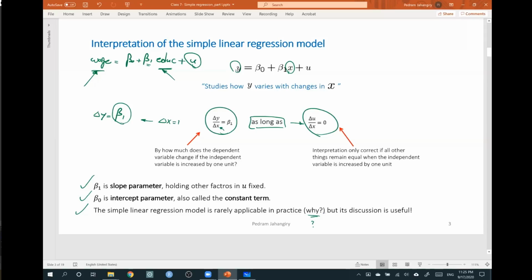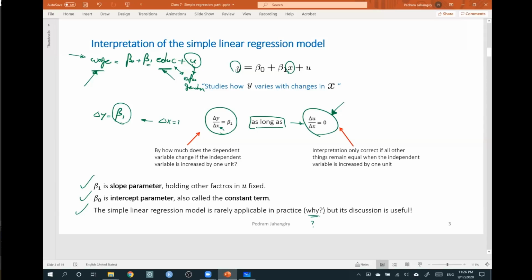In more technical terms, why don't we stick to the simple regression model? Because this assumption is not going to hold. Remember, in our example here, wage was a function of education. We called everything else constant. Everything else includes maybe experience, gender, and etc. And there's a good reason that if I increase or decrease education, it's going to have some correlation with experience as well, right?